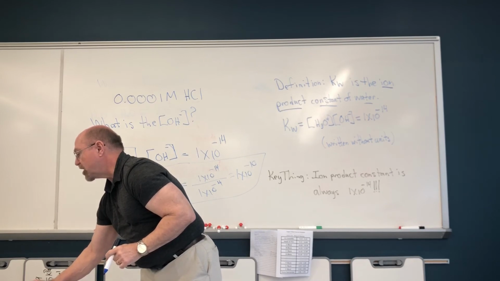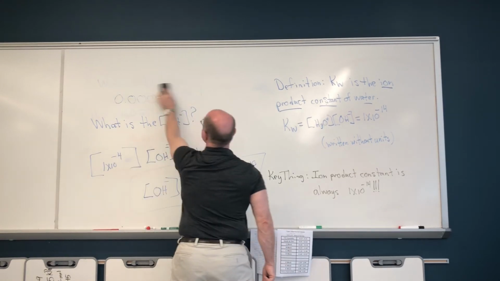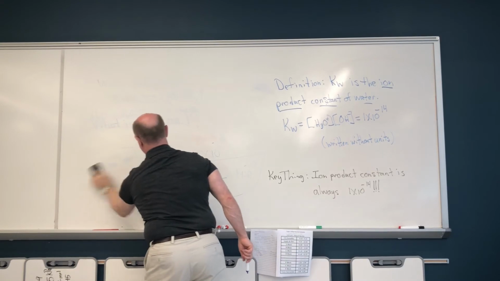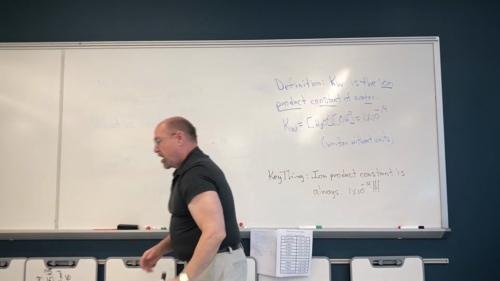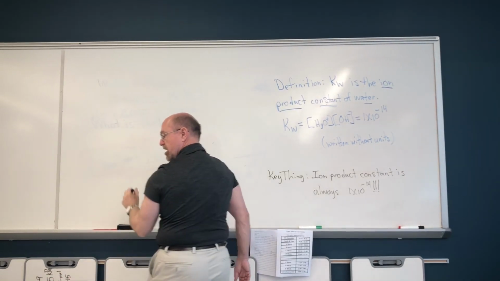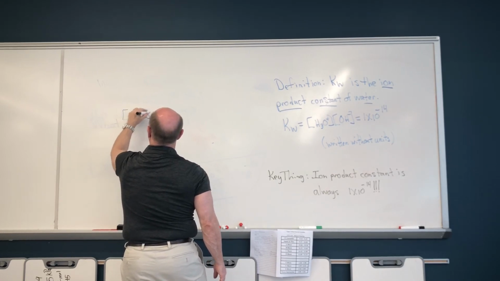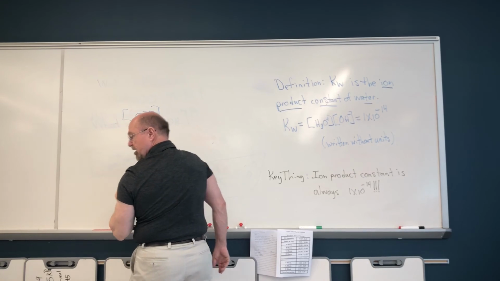So let's take one more look. We worked that one out, and we've got one other problem that we can work out. Pretty simple. The other problem I wanted to work out was, let's suppose we have a 0.035 molar solution of HCl.